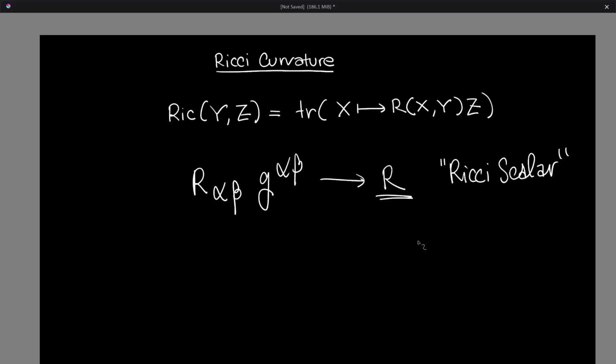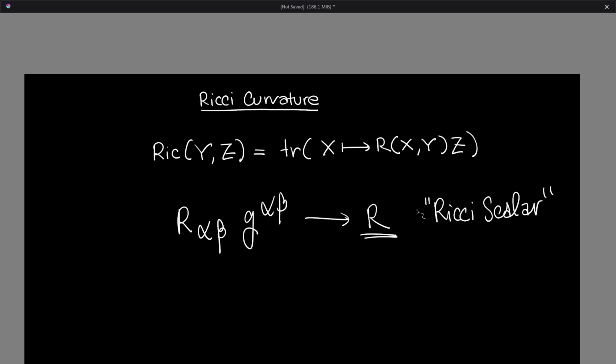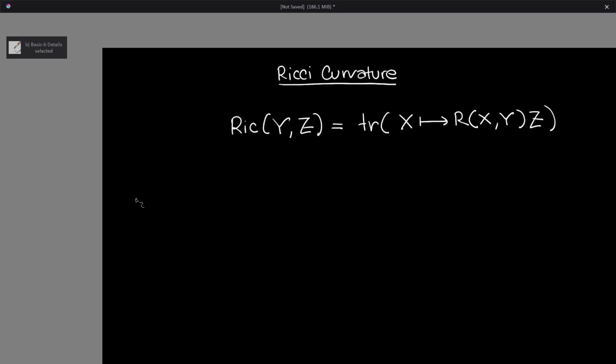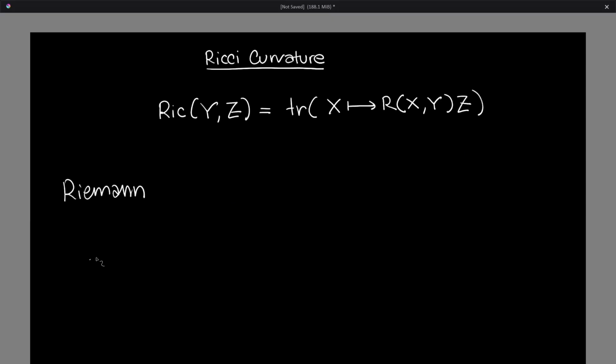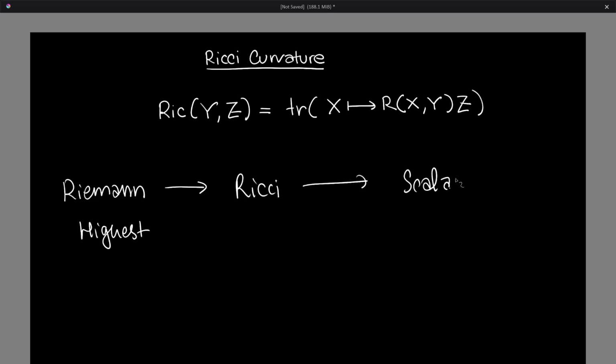So these are progressively, the idea basically is that Riemann is the highest in terms of detail, and then you lose detail as you keep going. So sometimes it's called the scalar curvature.